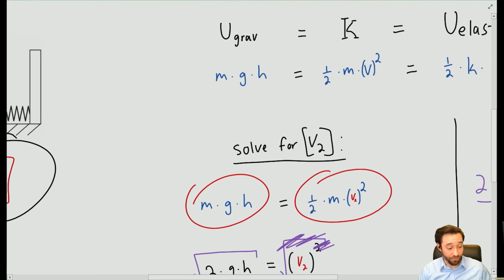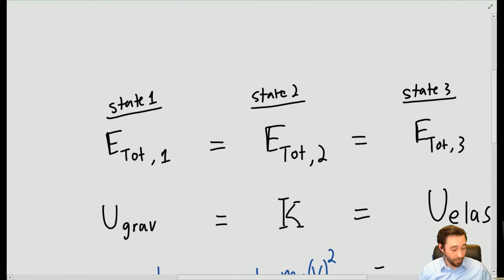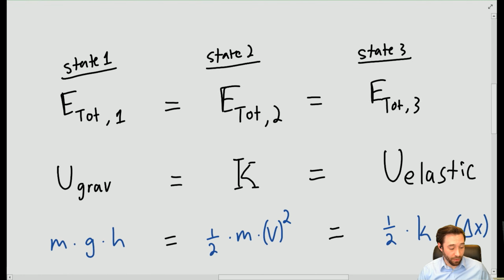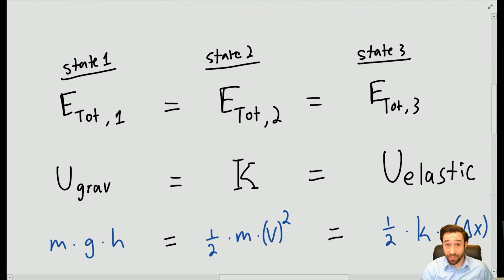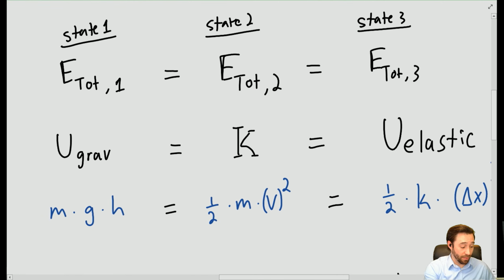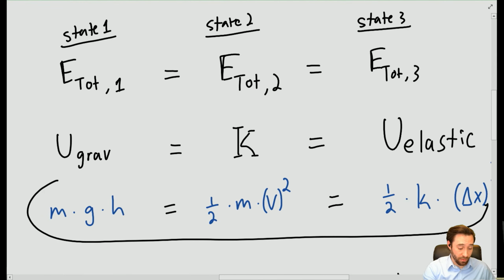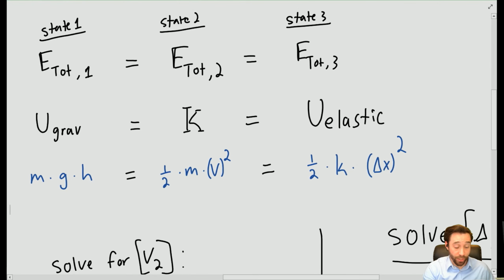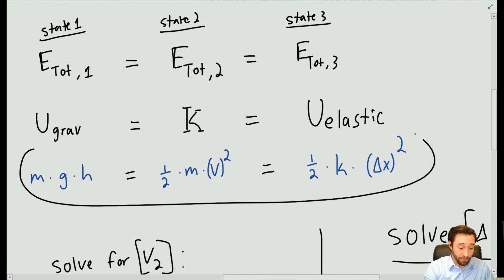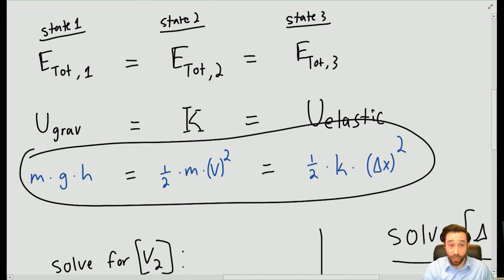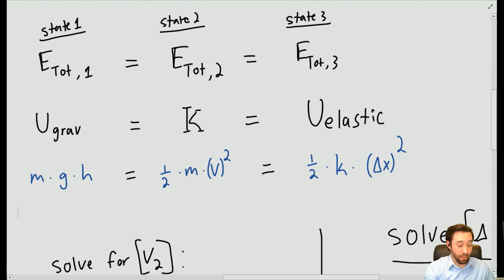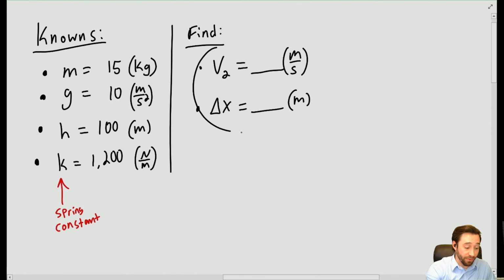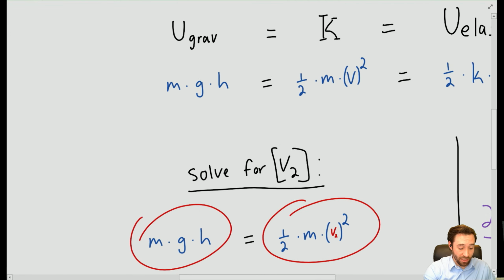We used that information to figure out what types of energy were present at each state. This equation here was our conservation of energy equation. So this one in blue. And we used this equation along with what we need to find in order to solve things algebraically.